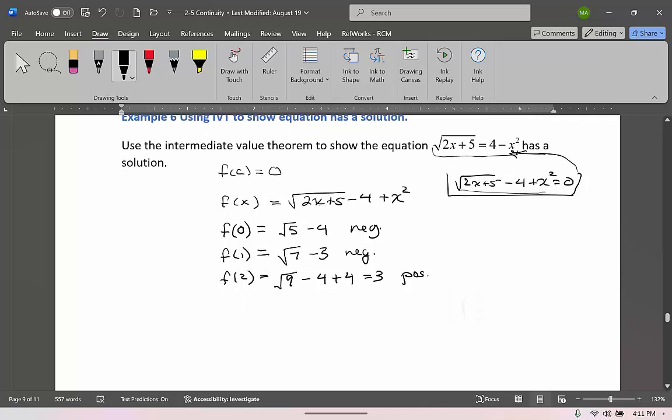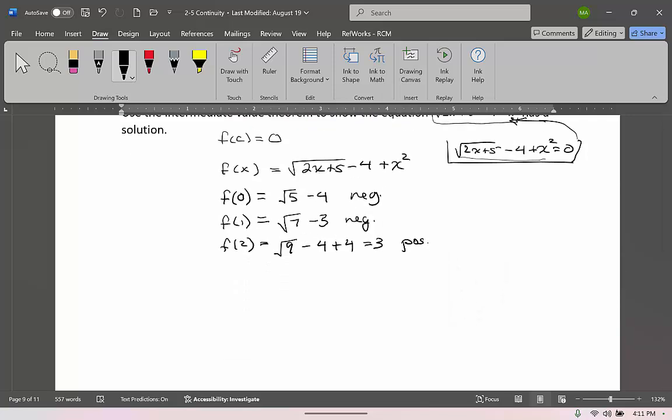Okay, and so since I have that f of 1 is negative and f of 2 is positive, that means that somewhere there's a value c somewhere between 1 and 2, such that f of c is equal to 0.